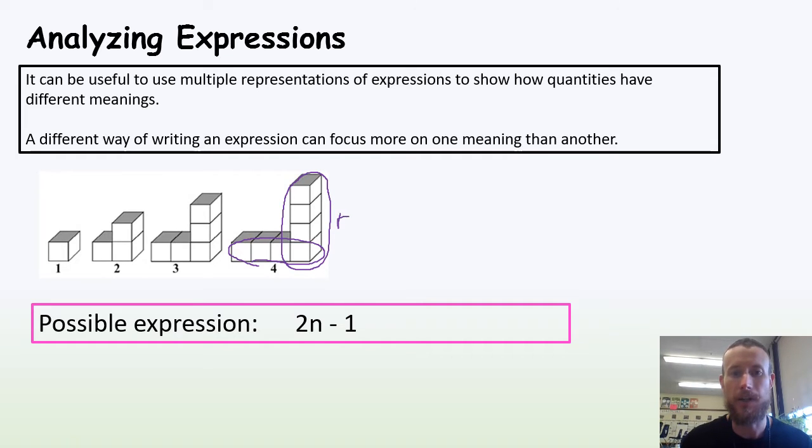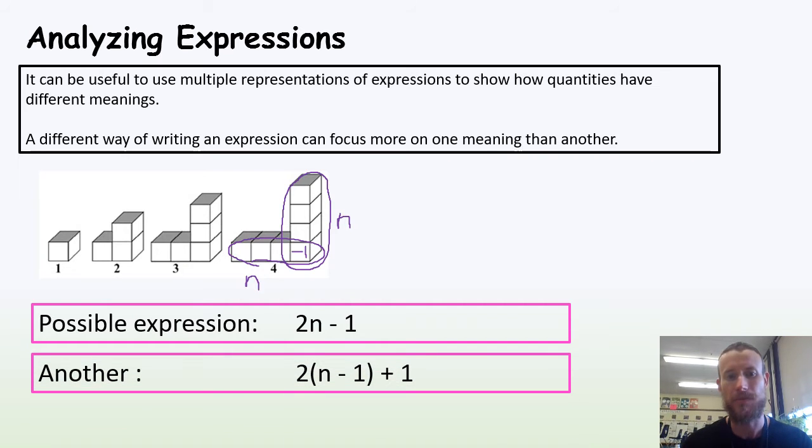There's an n here, and there's an n here, 2 times n. Why do we subtract 1? Well, we would be double counting this block on the bottom corner. We should subtract it once because it would be counted in the vertical stack and the horizontal stack. So 2 times n minus 1 could be shown using that representation, that idea of thinking about it.